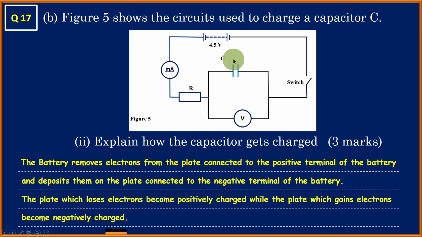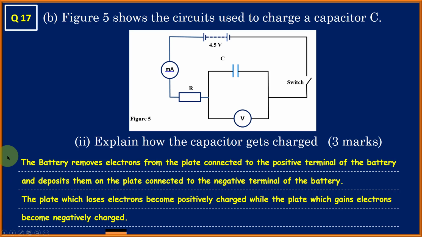So when a neutral body, in this case this plate, loses electrons, it becomes positively charged. So this plate will carry a positive charge. Again, when a neutral body acquires charges from elsewhere, or receives electrons, it becomes negatively charged. So the plate connected to the negative terminal of the battery becomes negatively charged. So that is how it happens.